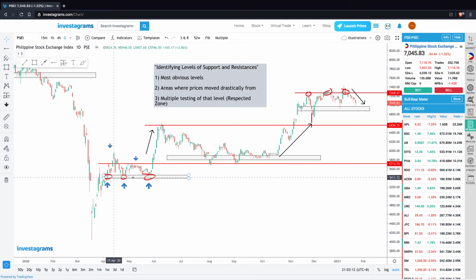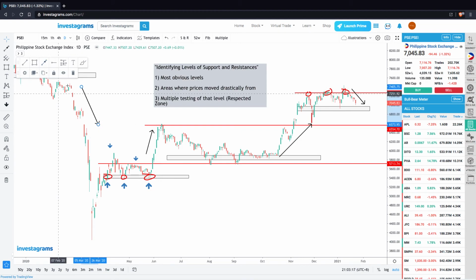You found areas of support after this massive movement from up here, and then it bounced up and found a consistent level of support right here, but it was failing to break on the upside. So when it did, after the first, second, third test, it broke above.